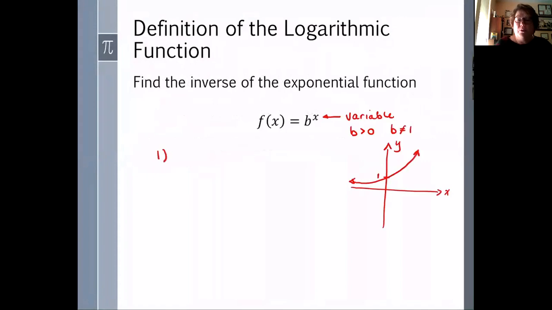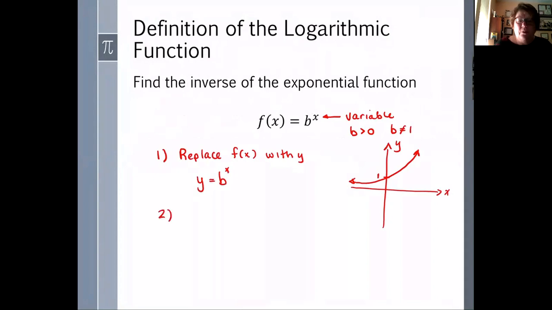All right, so the first thing we do is we replace the f of x with y, because f of x and y are exactly the same thing. All right, so we get y equals b to the x.